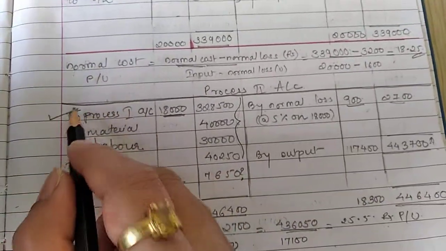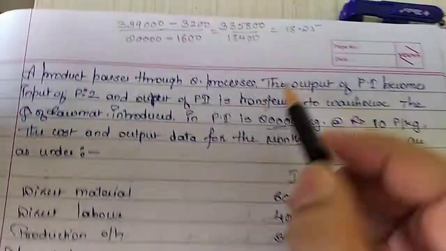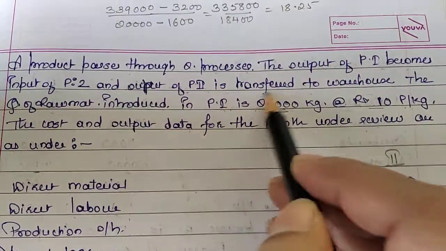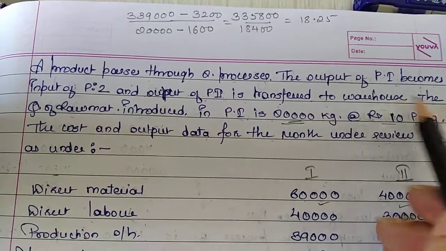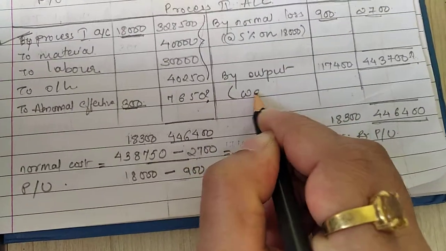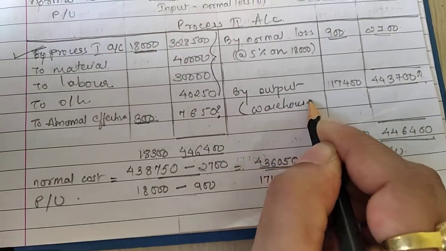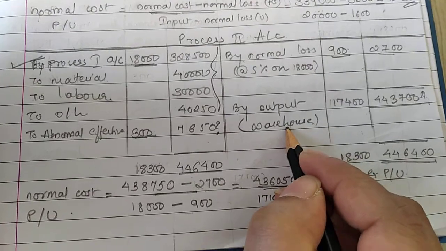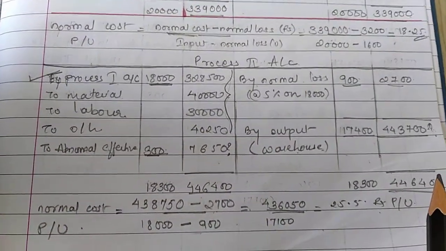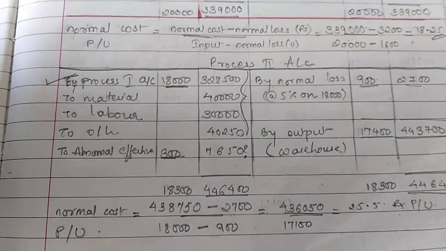See this entry. And they are saying something about the output of process 2, and output of process 2 is transferred to warehouse. So this is what you have to write over here. In case of process 2 account, by output you have to write warehouse in bracket. Why? Because this particular output of process 2 goes to your warehouse. So with this we are done with this problem.